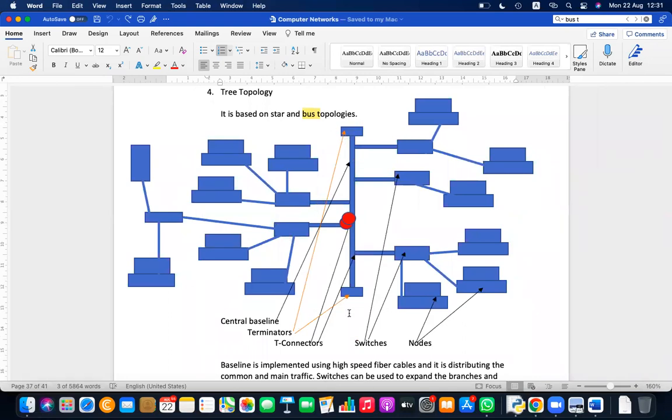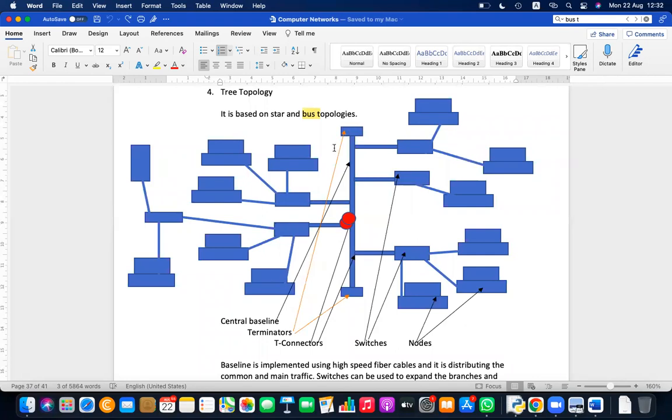The base of tree topology is bus, but it will be expanded into branches using star topology. So you can see here the bus topology main line is connected.